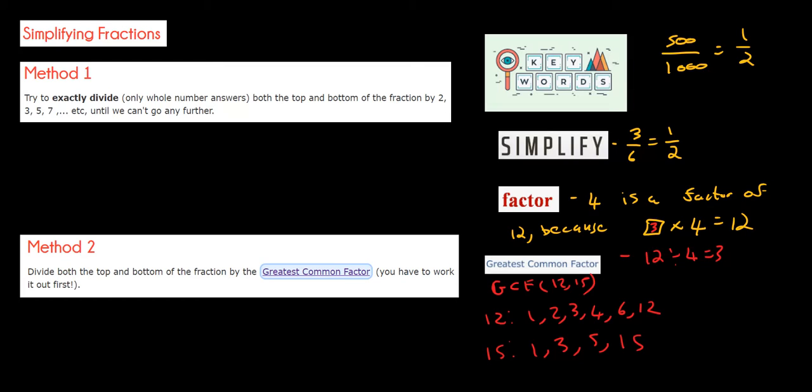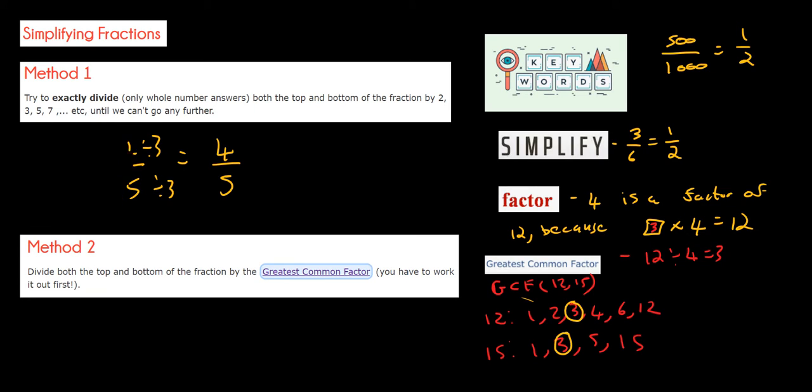All these numbers divide into 15, leaving no remainder. So we select the greatest common factor, which happens to be 3. And that helps us when we are simplifying 12 over 15. We divide by 3 to get 4 over 5.